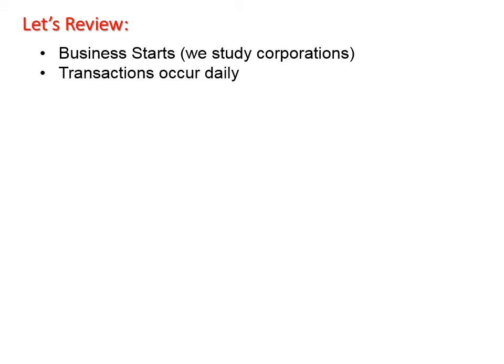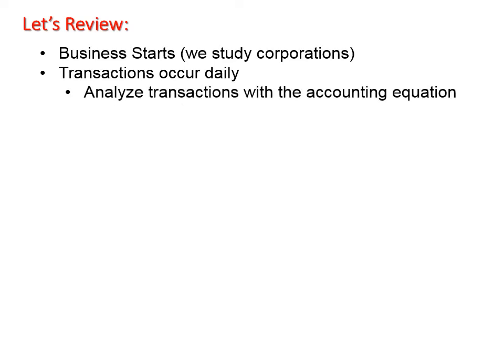I want to do a quick review, however, of businesses and the fact that we study corporations, a reminder that transactions occur every single day. With a large corporation like Walmart, they're occurring every single second, and we analyze these transactions using the accounting equation.